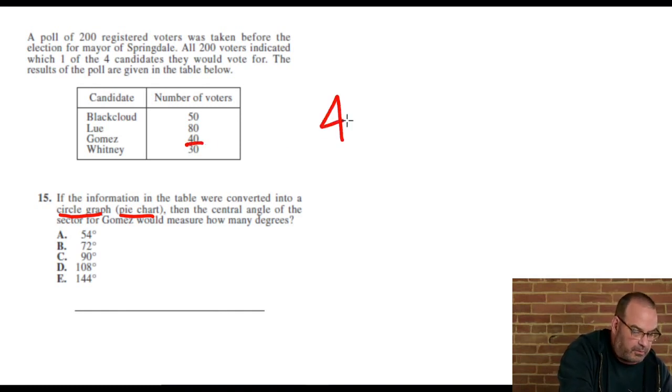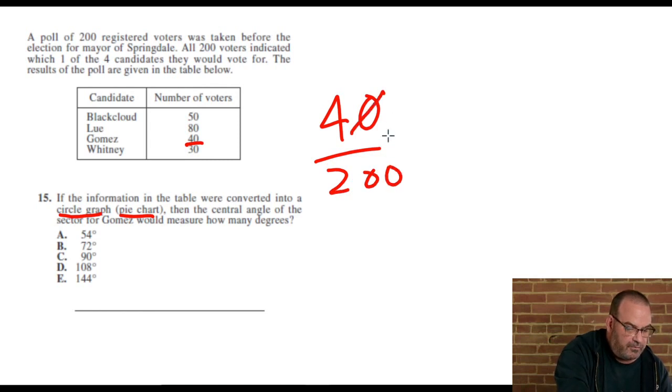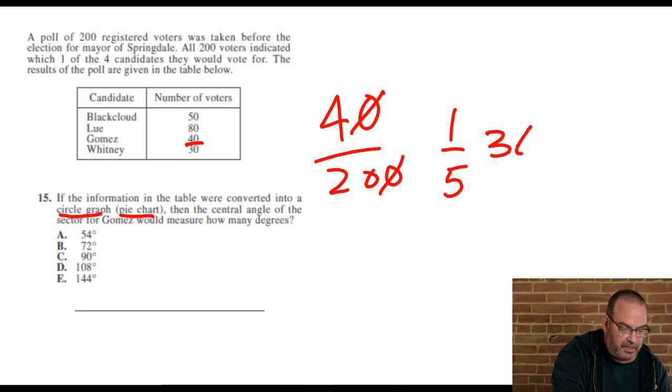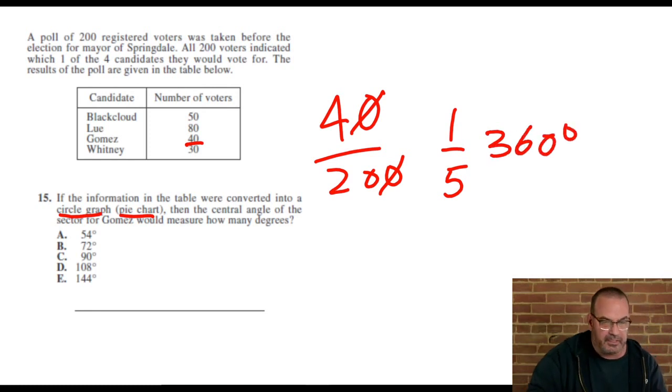So the part is 40. The whole is 200. 4 goes into 20, 1/5. This is 1/5 of 360 degrees. Folks, 360 degrees divided by 5. Oops, clear my calculator. 360 degrees divided by 5 is equal to 72.